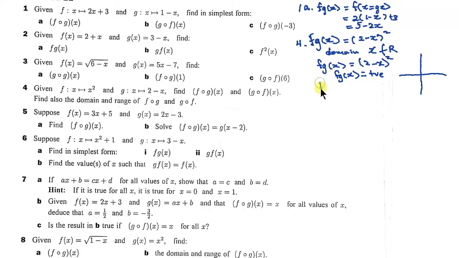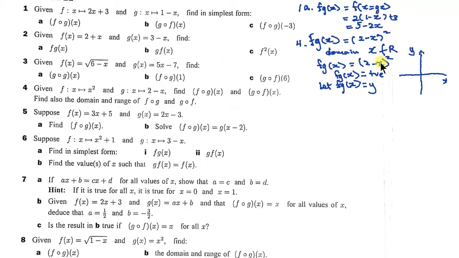Let's say that fg(x) equals y. When x goes to 2, this whole thing becomes 0.